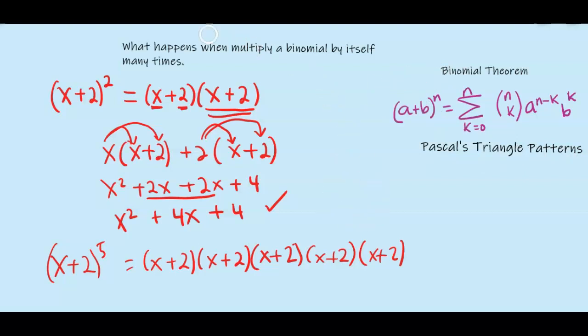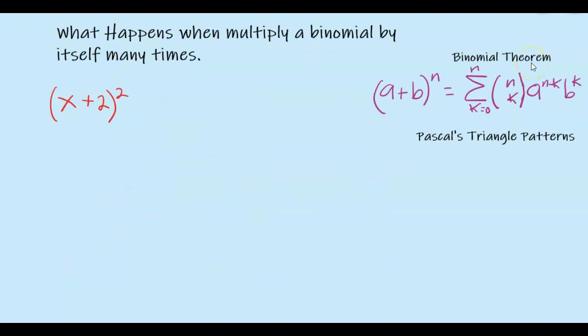Pascal's triangle helps us get the coefficients, which are the numbers standing here, and the binomial gives us the idea of what's happening with the 2 terms we will have here. So let's start with Pascal's.